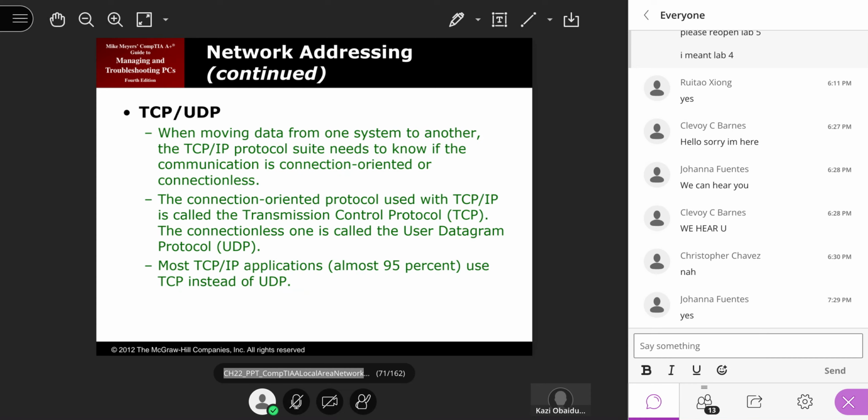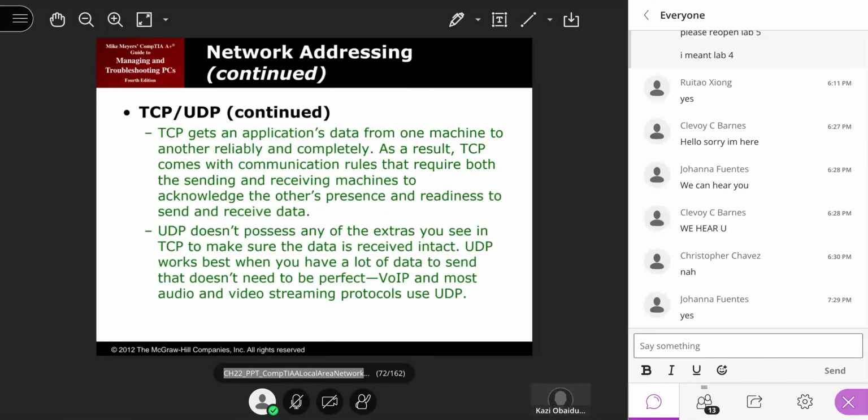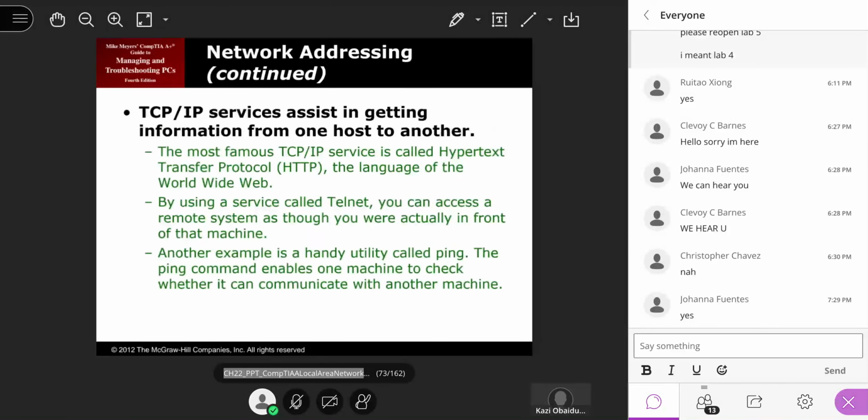The connectionless one is called the User Datagram Protocol. Most TCP/IP applications use TCP instead of UDP, about 95%. TCP is very important. Okay, just keep up to this.